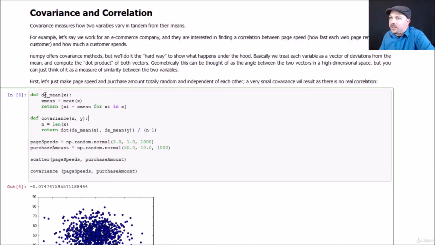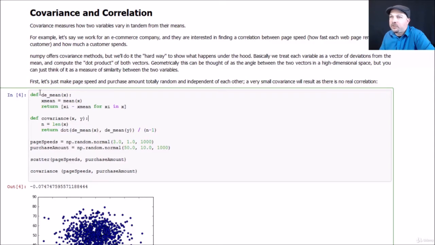So the de_mean, or deviation from the mean function, is taking in a set of data x, actually a list, and it's computing the mean of that set of data. And here's a little bit of Python trickery for you. The syntax is saying I'm going to create a new list and go through every element in x, call it xi, and then return the difference between xi and the mean, x mean, for that entire data set.